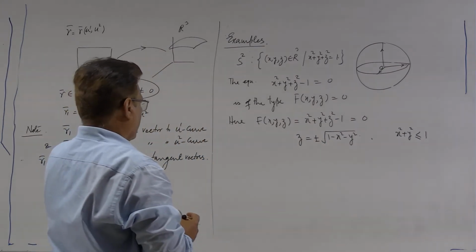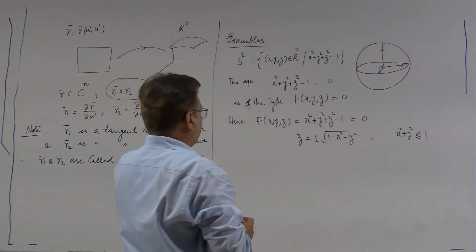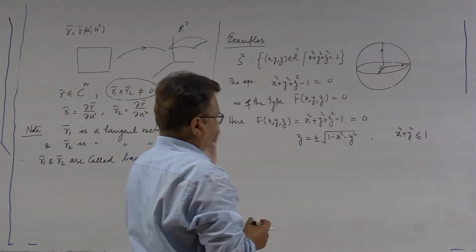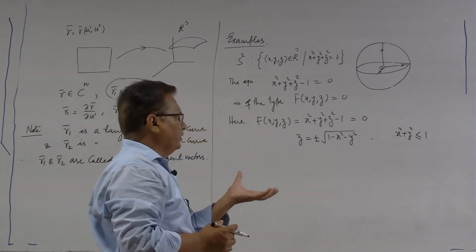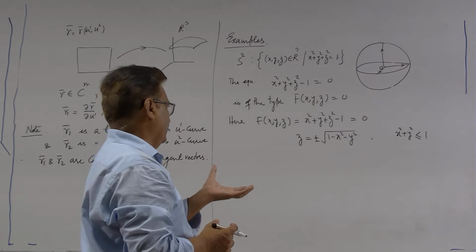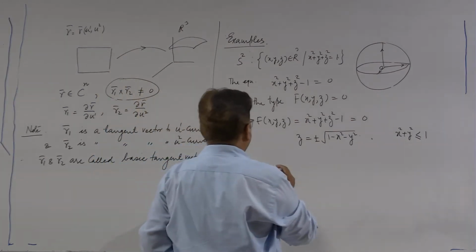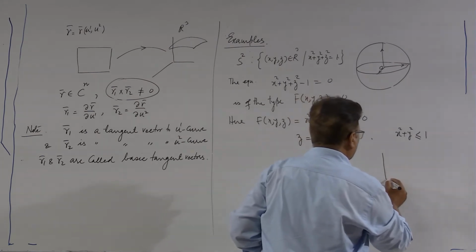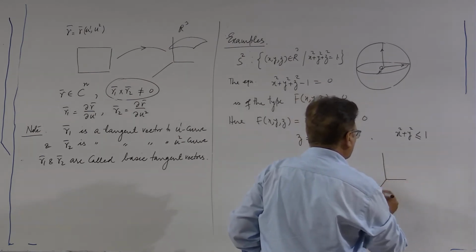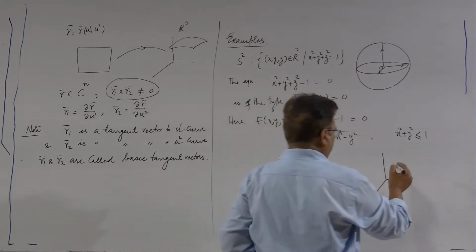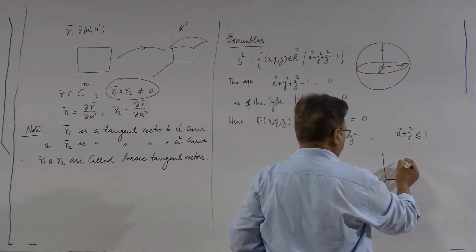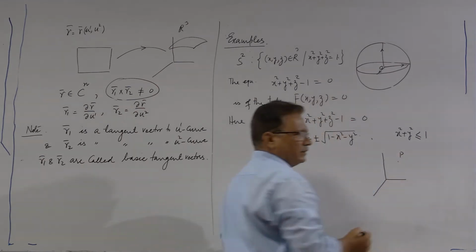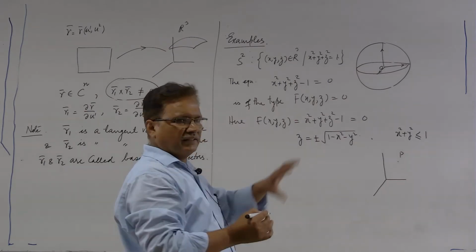sphere. Now, think of the parametric equation. For a parametric equation, you need 2 independent variables. So, if I take the independent variables as theta and phi, suppose you have a point P with some spherical coordinates in R3.